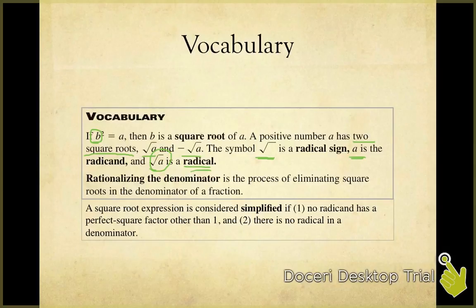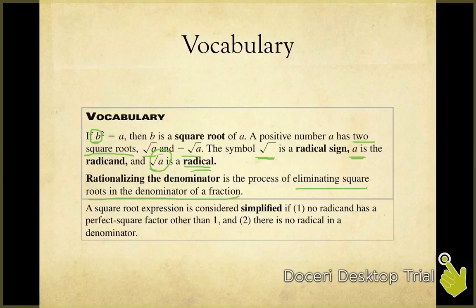They also talk about rationalizing the denominator, and that is what we do in order to eliminate the square root in the denominator of a fraction. So we're literally trying to take the irrational square root that's in the denominator and do something that makes it a rational number that is better to work with.